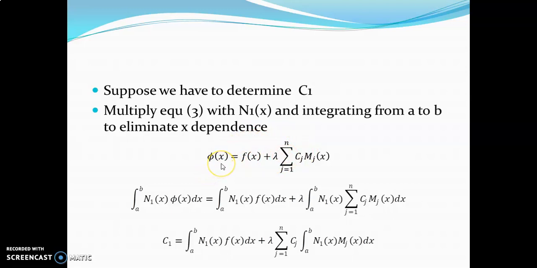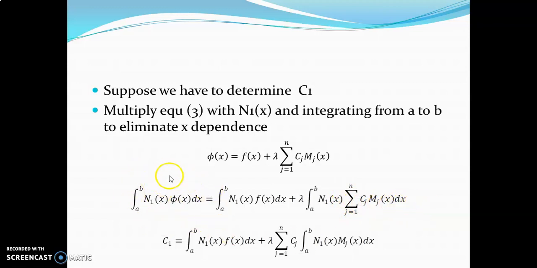When we multiply this equation number 3 with n1 of x, and integrate from a to b, we will get integral a to b n1 of x into phi of x dx is equal to integral a to b n1 of x into f of x dx plus lambda integral a to b n1 of x into summation j goes from 1 to n cj mj of x dx.